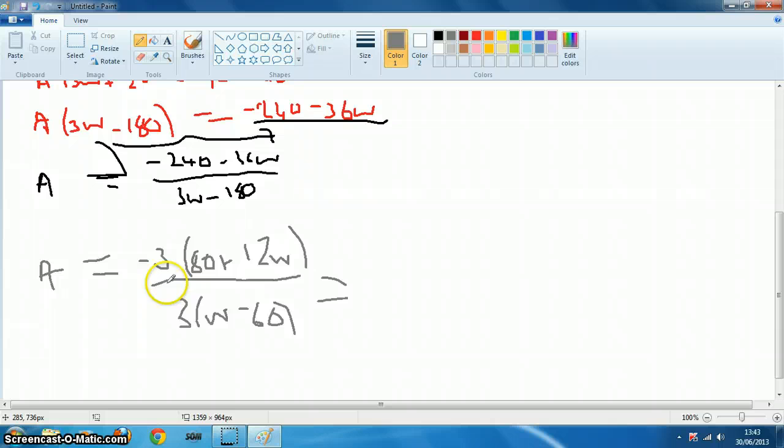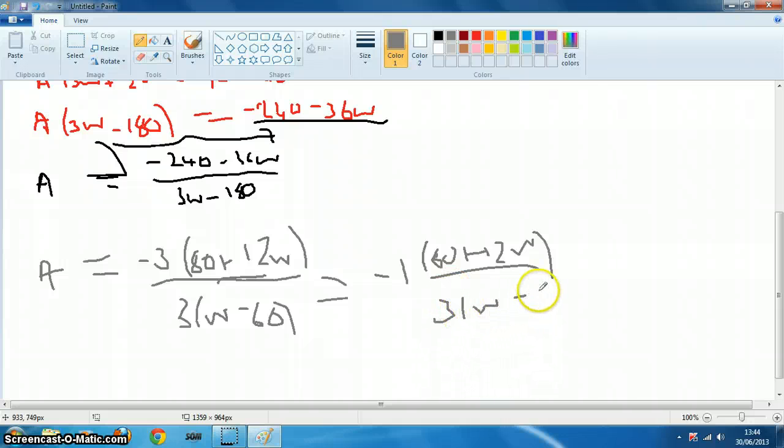So minus 3 divided by 3 is just minus 1, because there's something in common between these. And then the expression 80 plus 12W just stays the same, nothing in common between them, over 3W minus 60.